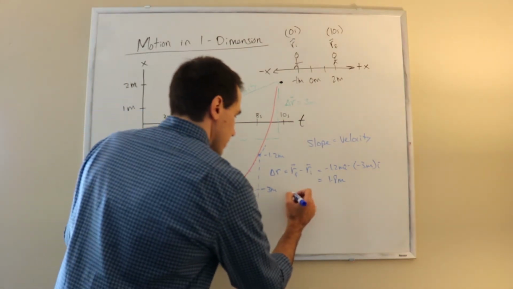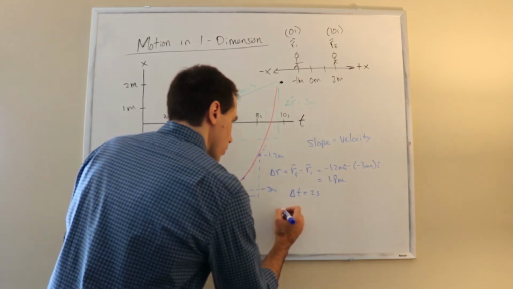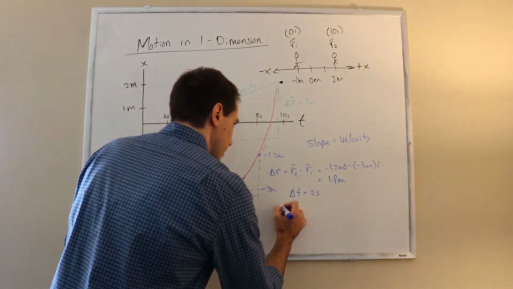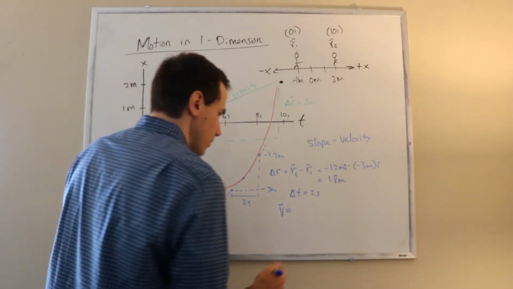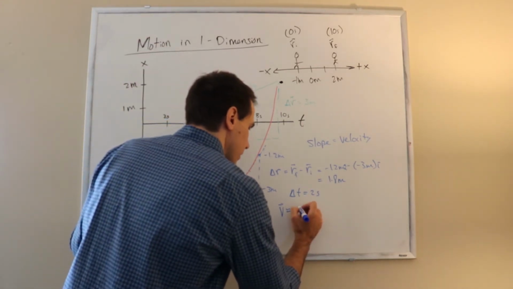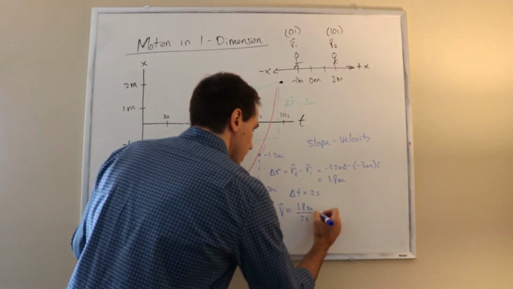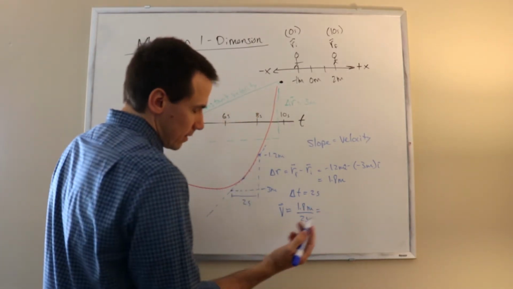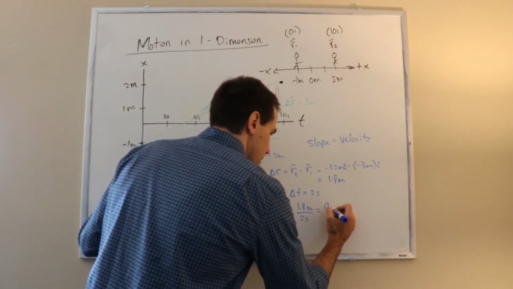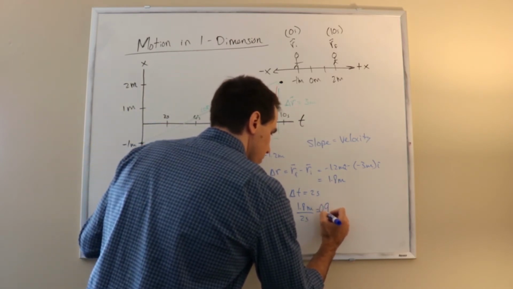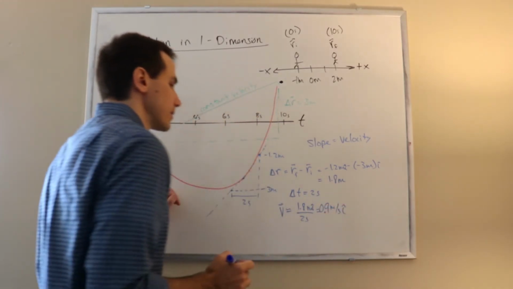And now I can say delta t is 2 seconds. So my velocity here is approximately, because I'm not being very specific about this, 1.8 meters divided by 2 seconds, whatever that comes out to be, 0.9 meters per second I hat.